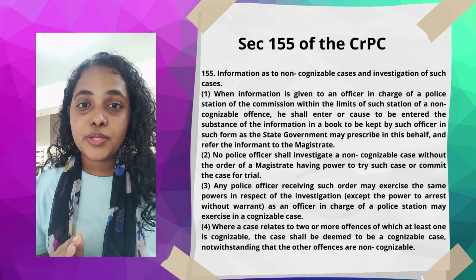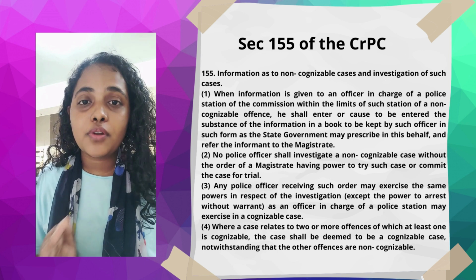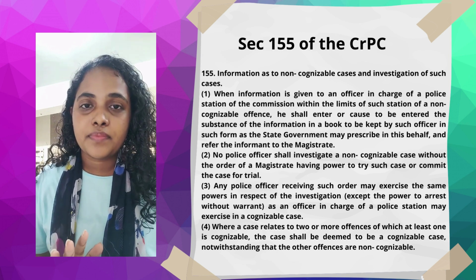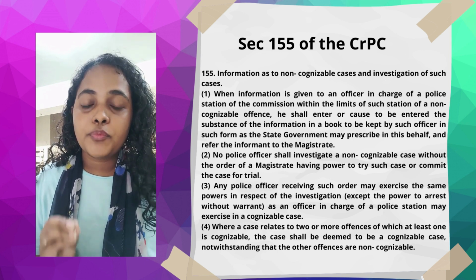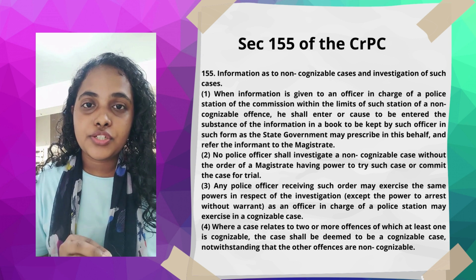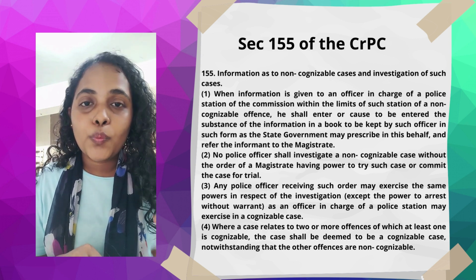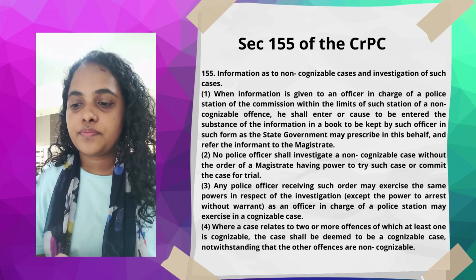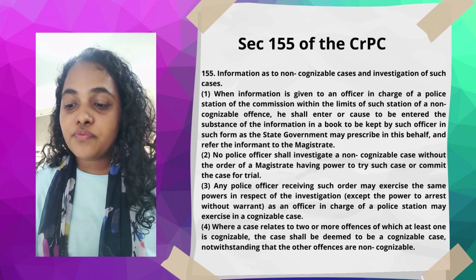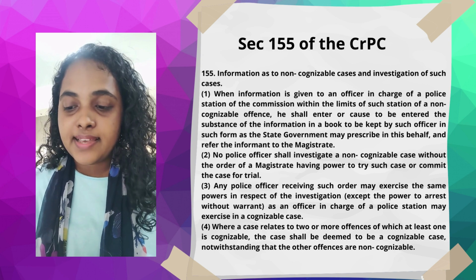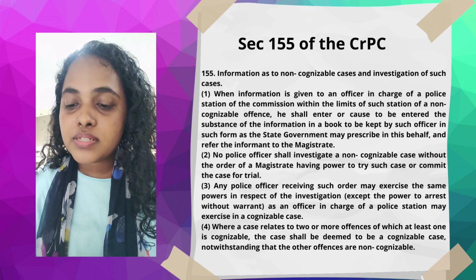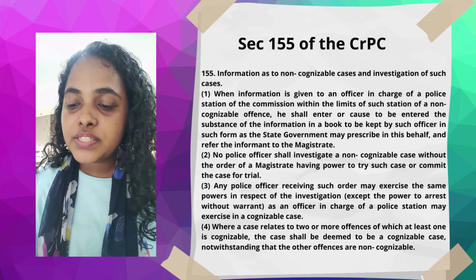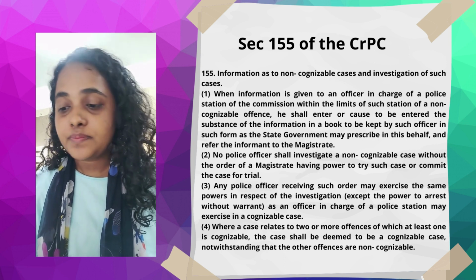Okay, now let's get into that. If a non-cognizable offence has been committed, and you are going to inform the police station, which section covers the same? Section 155 covers the same. Section 155 says: information as to non-cognizable cases and investigation of such cases.